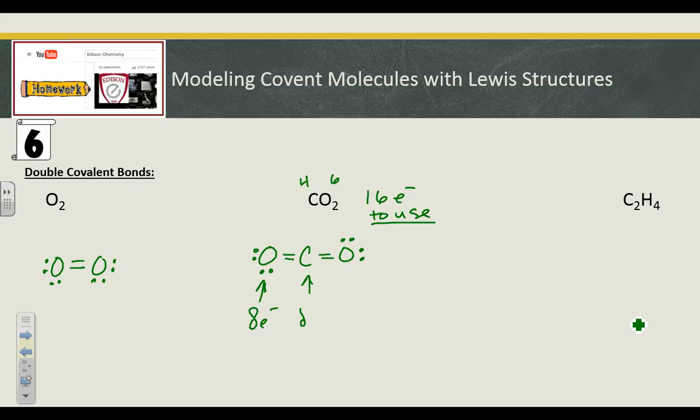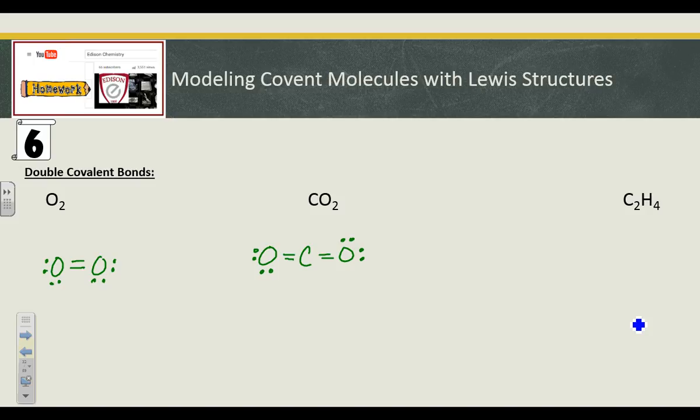There's 8 electrons around carbon and 8 electrons around oxygen now. So my octets are good, which means that my final answer looks like that. That's how a molecule of carbon dioxide looks.